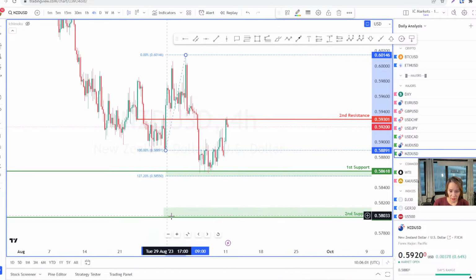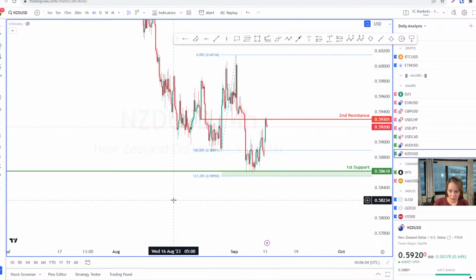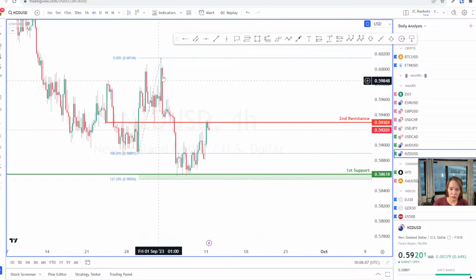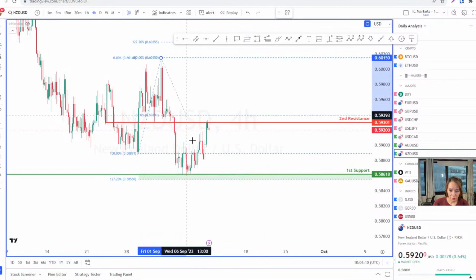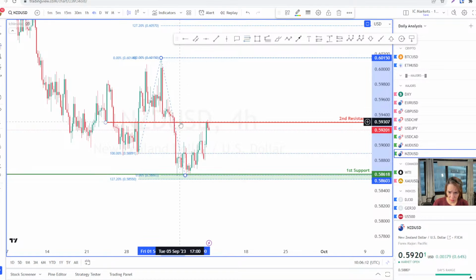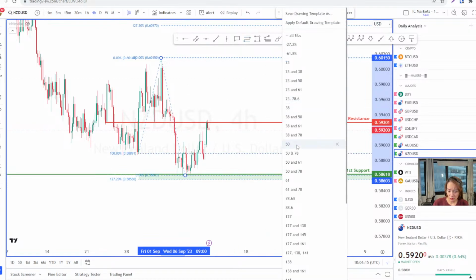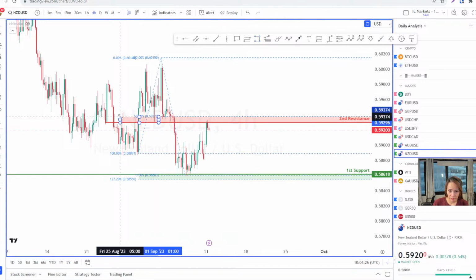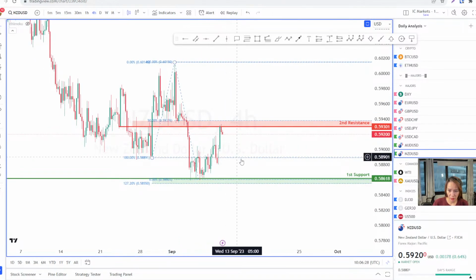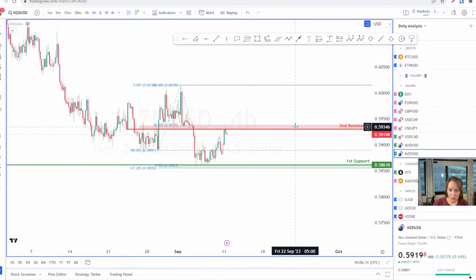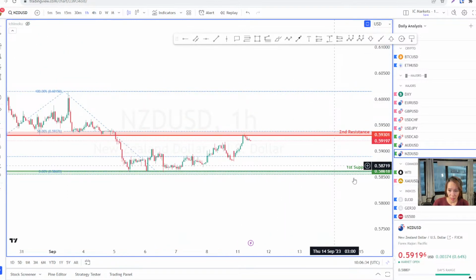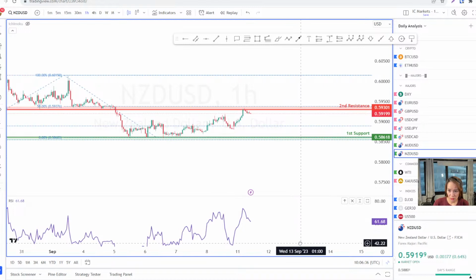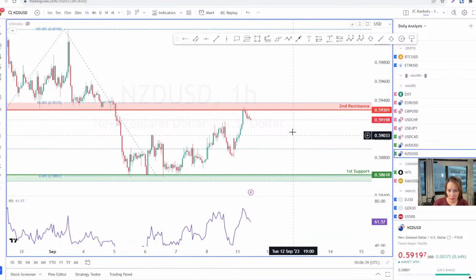I will just put it here and remove my second support. And if you want to pull the fib level, it should be 50%. You see somewhere 50% here, and then you can highlight the zone somewhere here. This is your sell zone, right? Price came down here and already reversed pretty strongly in H4. If you go down to H1, you can see no divergence here so far.